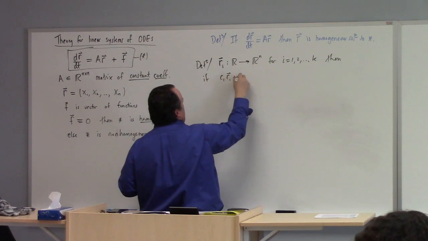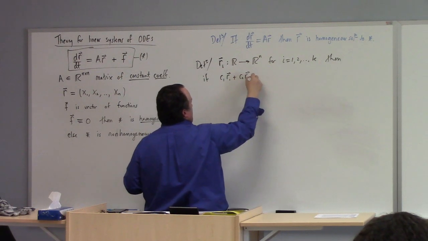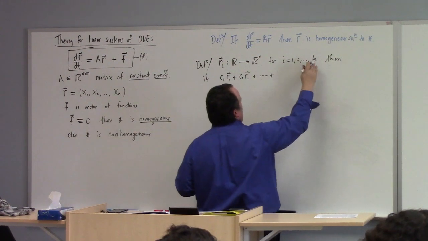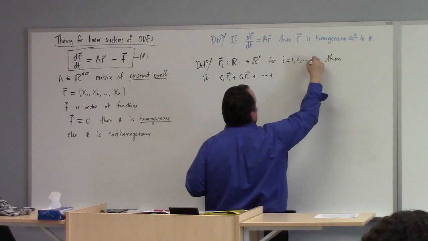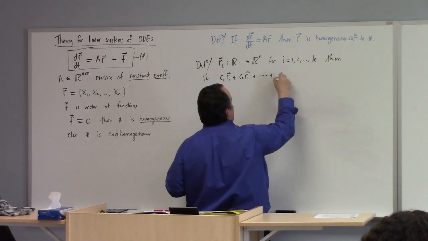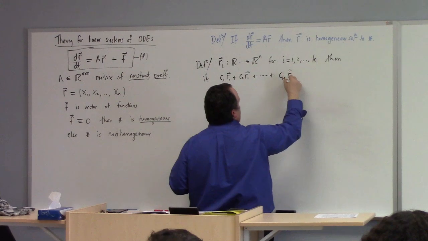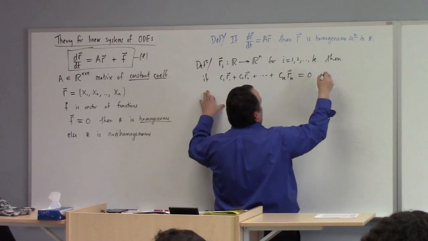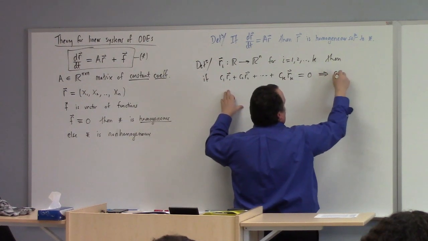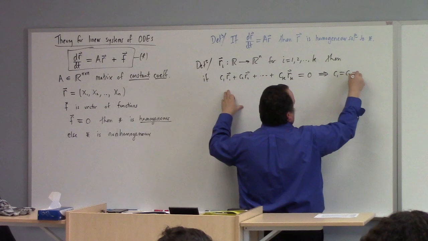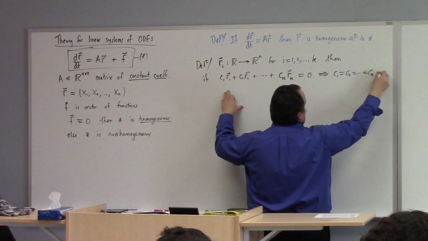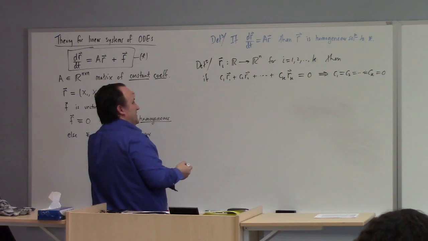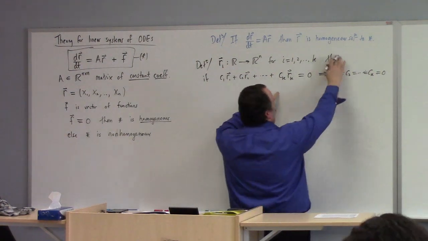c1 R1 plus c2 R2 plus ... plus ck Rk is equal to 0 implies what? c1 equals c2 equals ck equals 0. Maybe instead of this then here, I should put an 'and.' That's probably better grammar.